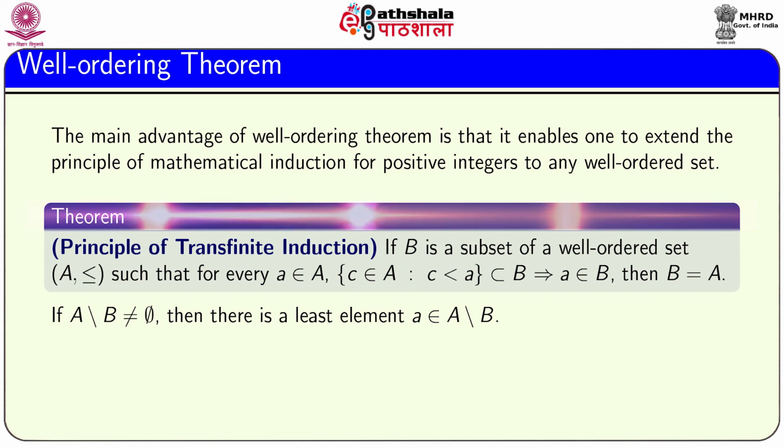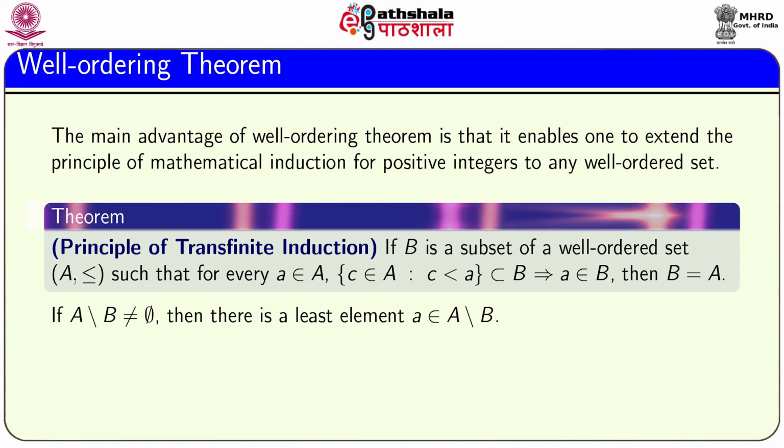Principle of transfinite induction says that if B is a subset of a well ordered set A, such that for every a belonging to capital A, the collection of c belonging to A such that c is less than a being a subset of B implies a belongs to B, then the set B should be equal to A. We want to prove this theorem.